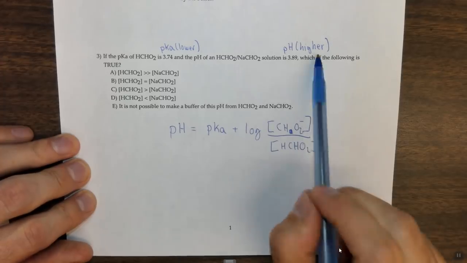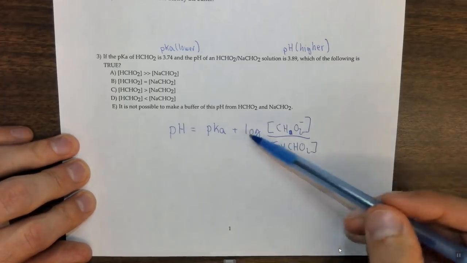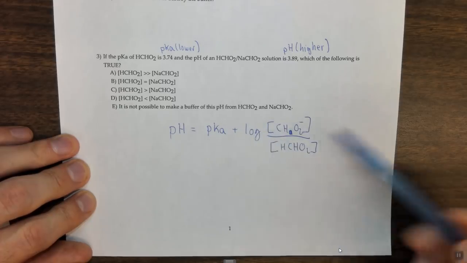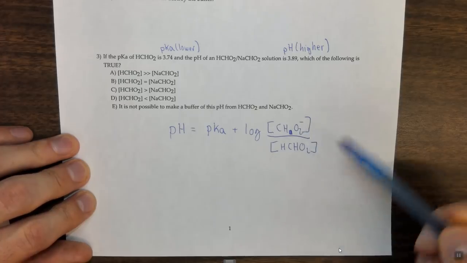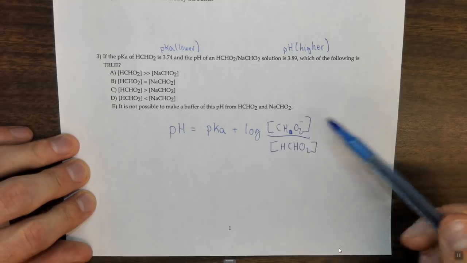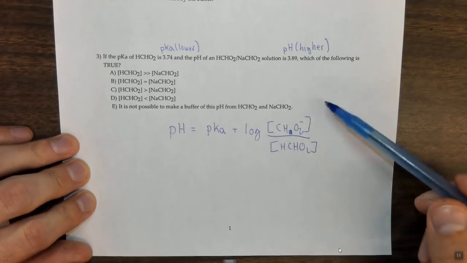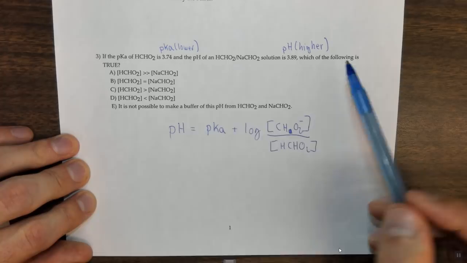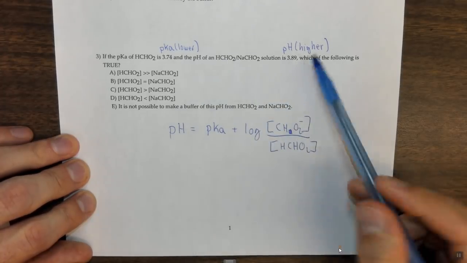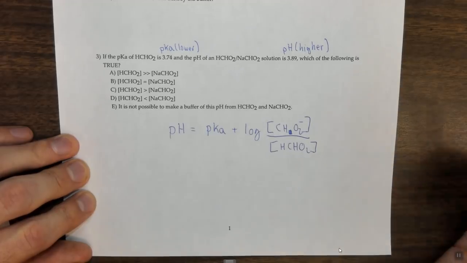From a mathematical perspective, we need the log of this to be positive. In order for this to be positive, the number on the top has to be larger than the number on the bottom. Said another way, this ratio has to be greater than 1. So, in both the common sense perspective of the pH is higher, so there has to be more base, or from the mathematical perspective, there has to be more base. In either case, we need to have more base.